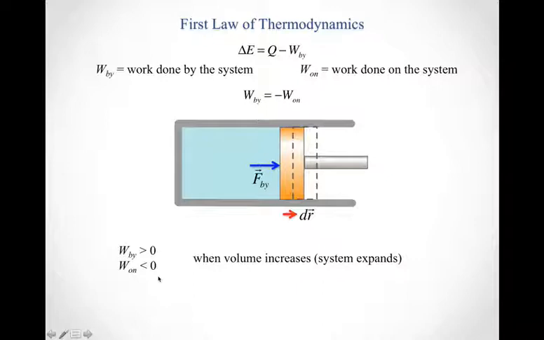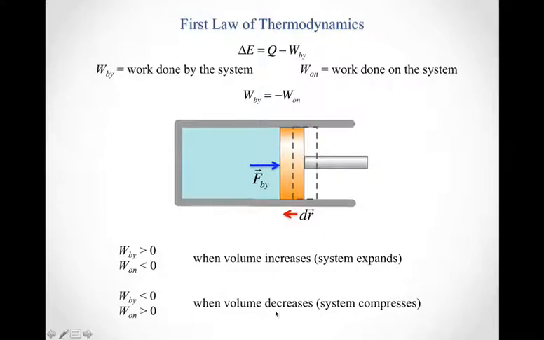On the other hand, let's say that my piston started out here at the dotted lines and moved in to where it's pictured. In that case, the volume of my system has decreased, the system has been compressed, and because now the force and displacement point in opposite directions, the work done by the system would be negative.